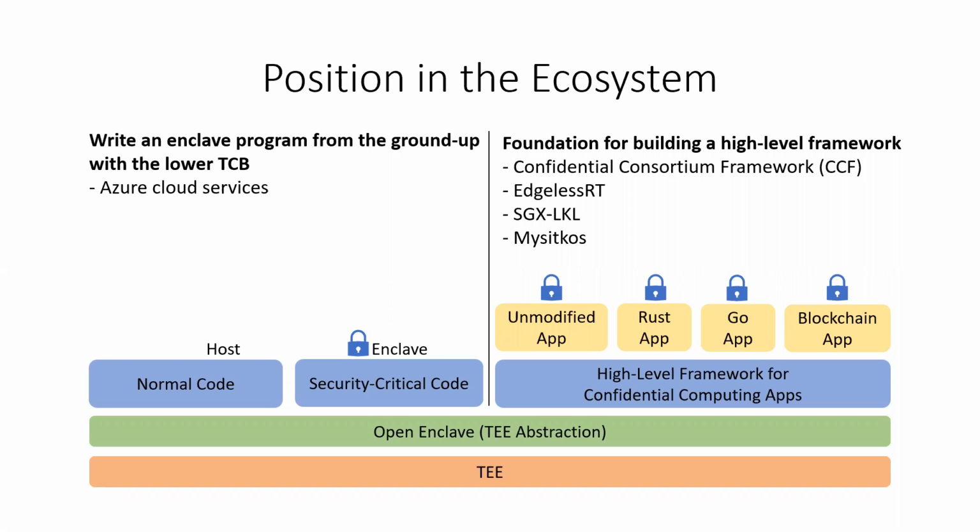For one workflow, for one model, if users really care about security, they want to build a minimum enclave program with a minimum TCB. That is more of a ground-up approach. You put only the security-critical code inside the enclave and write a program from scratch, pretty much following what I just showed.